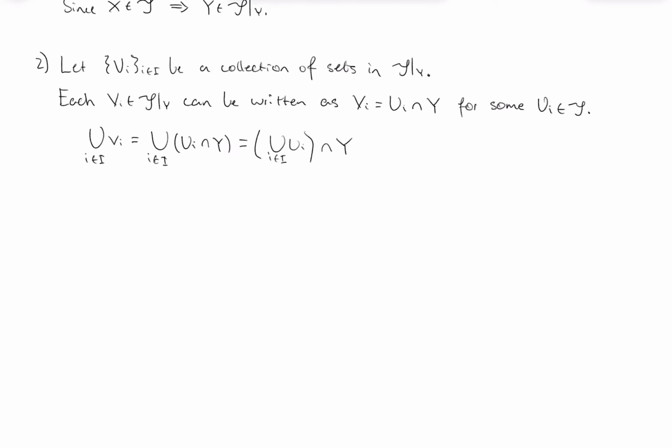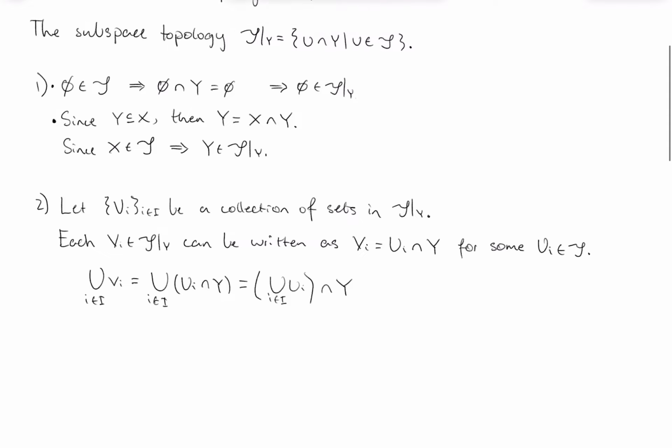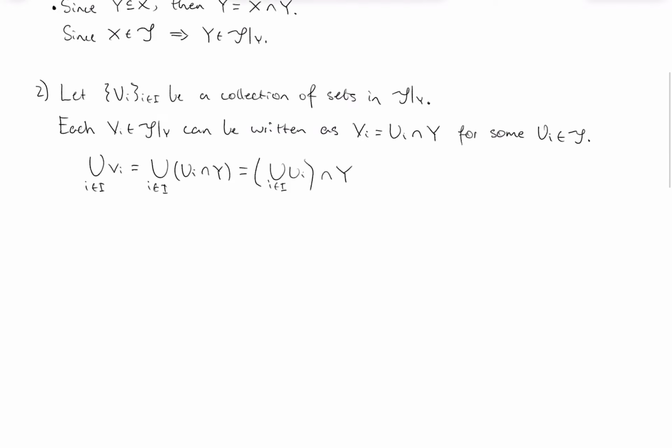And now we're going to use the fact that X is a topological space. It has a topology, and what are we going to say? This bit is therefore in the topology on X, right?